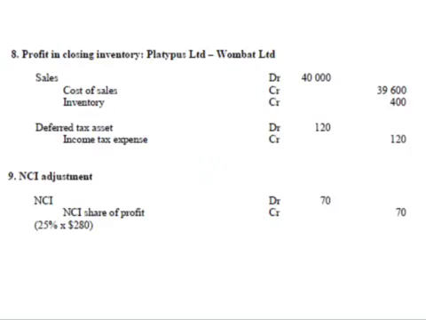Now, once again, I'm using question 1811, and we're now busy with the first intergroup transaction. Inventory was sold by the subsidiary to the parent company for an amount of $40,000.